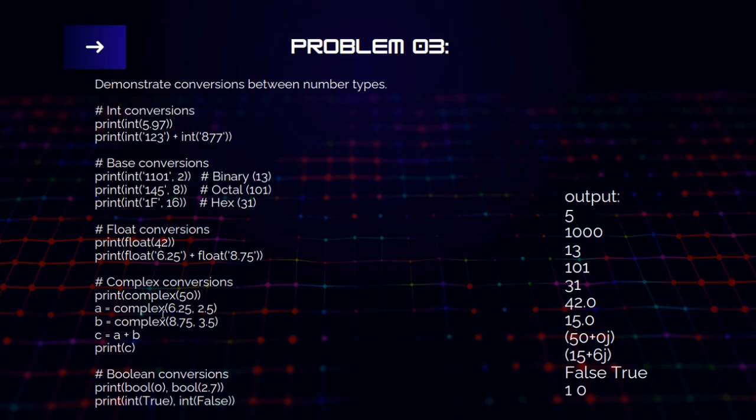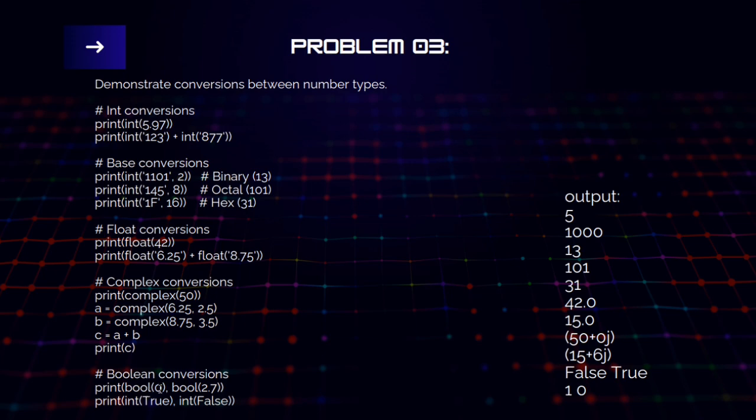A is equal to complex 6.25, comma 2.5, and B is equal to complex 8.75, comma 3.5, and C is equal to A plus B, which will give the output 15 plus 6j. Boolean conversions: print bool 0.